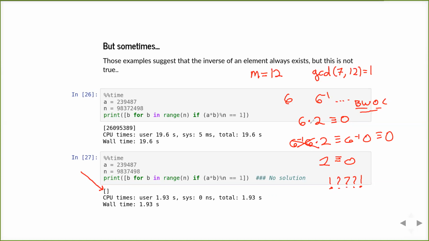And that's the basic thing that happens whenever the GCD is not 1. Then there's some product that is equivalent to 0, and then you can prove something is 0 that's not really 0. So a number has an inverse if and only if it's relatively prime to the modulus.